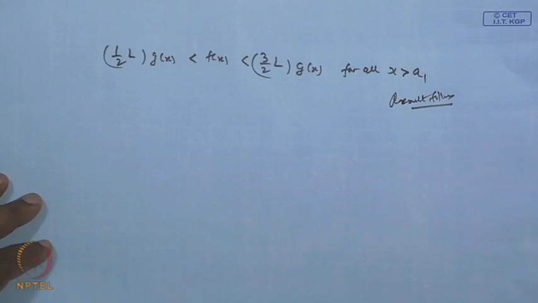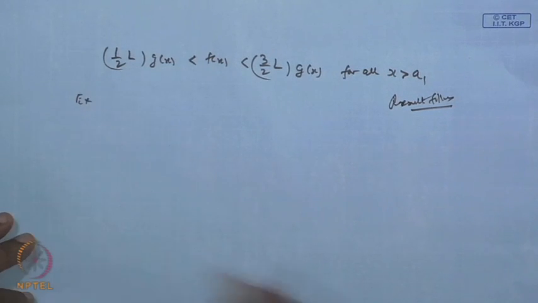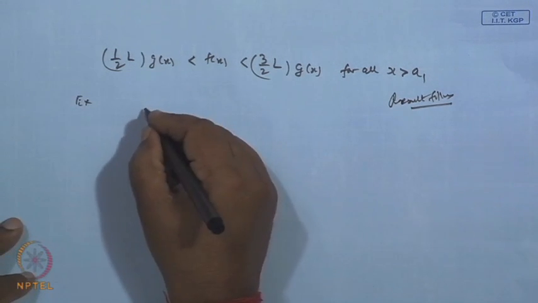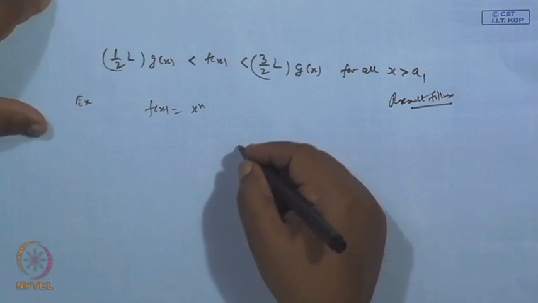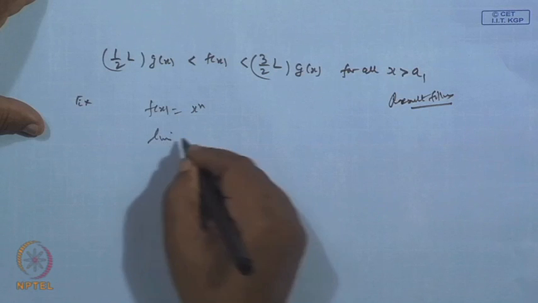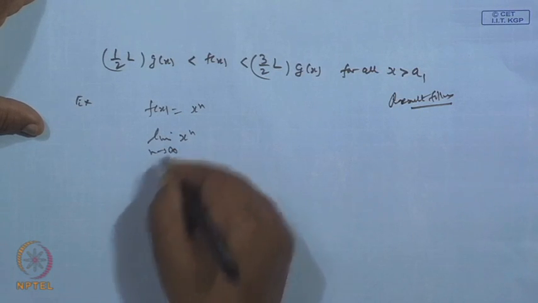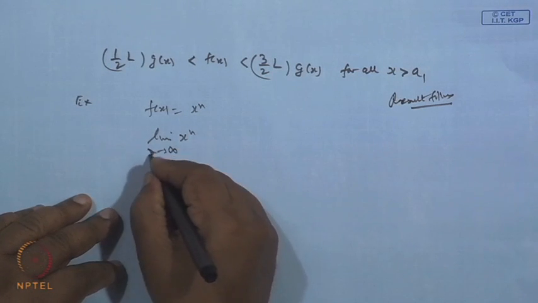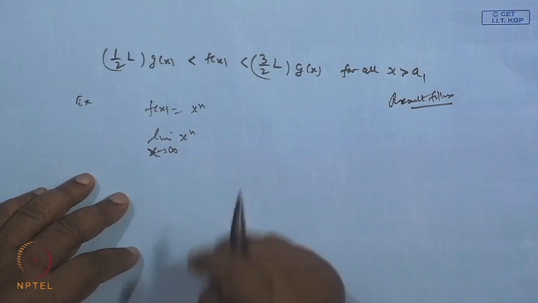Now, let us see some examples. We have x to the power n, which we have already discussed. If the function f(x) is x to the power n, then consider the limit of x to the power n when x tends to plus infinity or x tends to minus infinity.